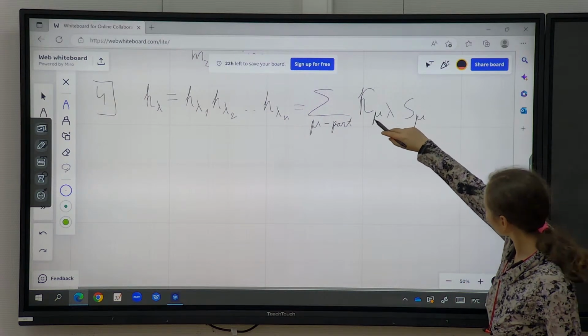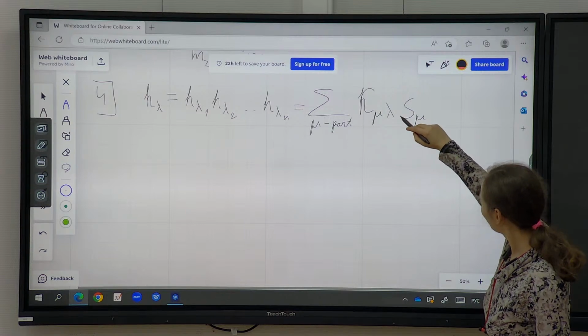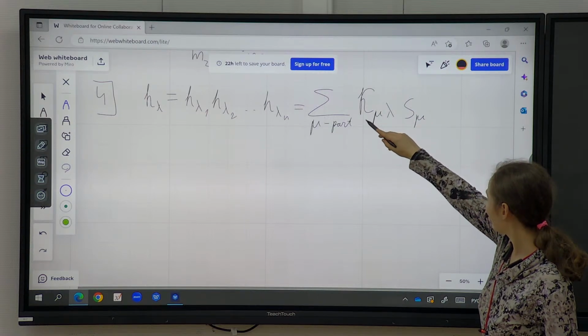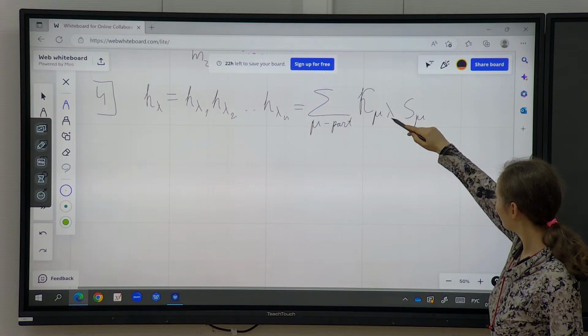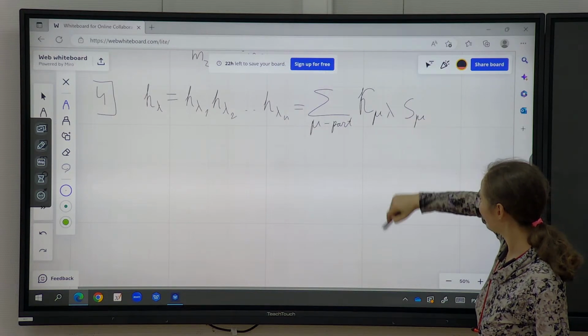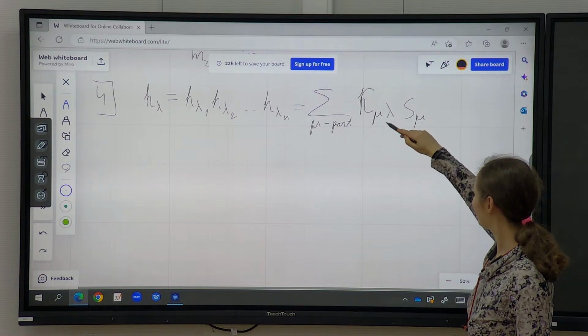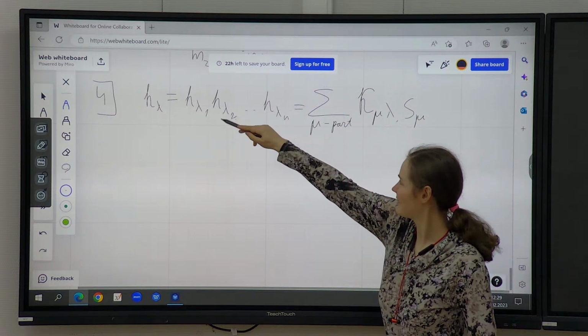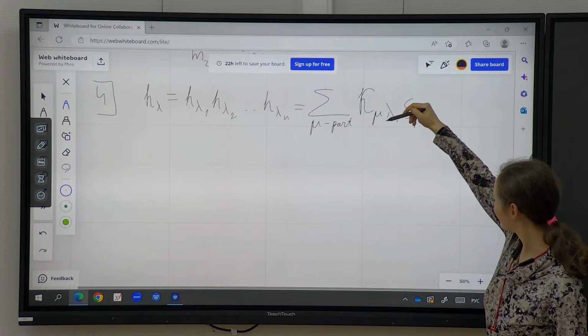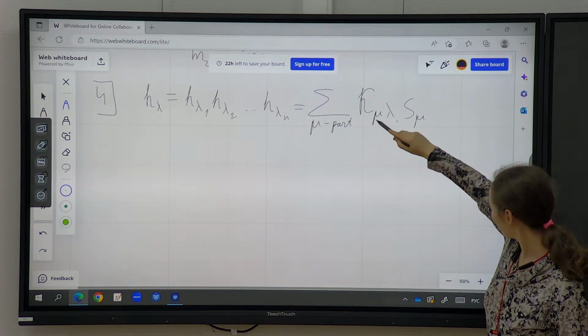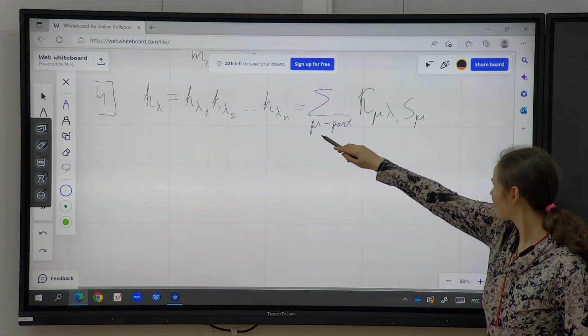And these Kostka numbers count the number of Young tableaux of weight lambda. So the weight is fixed, and the shape of these tableaux, mu, can be different.